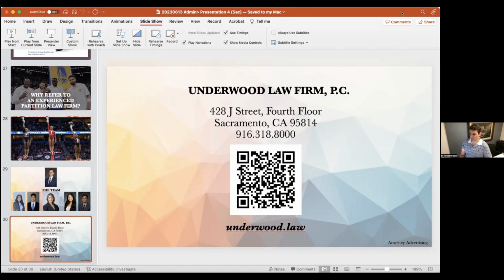I was sharing with Ben that my website gets about 8 to 9,000 clicks a month. So I have a heavy SEO presence, and I am very optimized for partitions, because this is basically the only thing that the firm does. I don't do anything else. I turn away literally almost anything else that's not a partition.